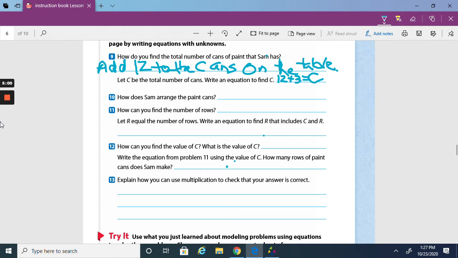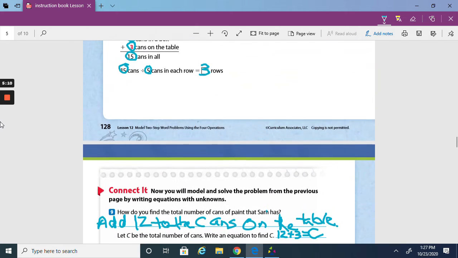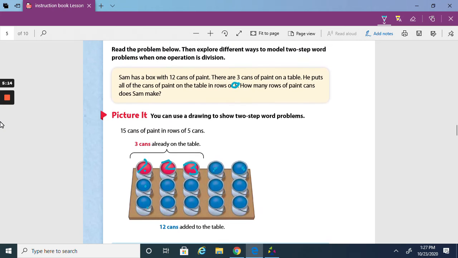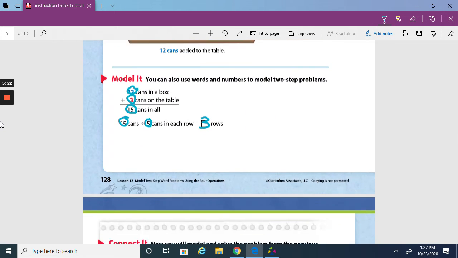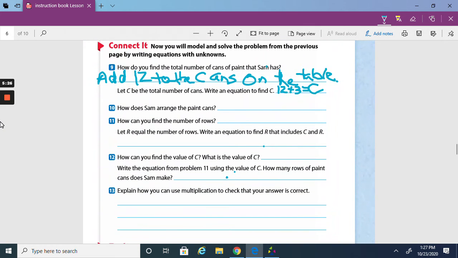Then it asked me, how does Sam arrange the paint cans? If I look back at my problem, I can see that Sam puts 5 cans in each row. So if I look back down here at number 10, how does Sam arrange the paint cans?